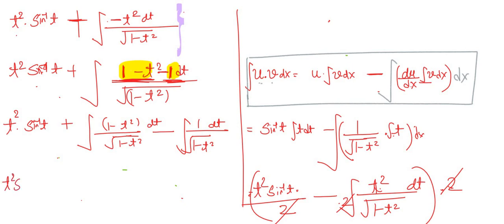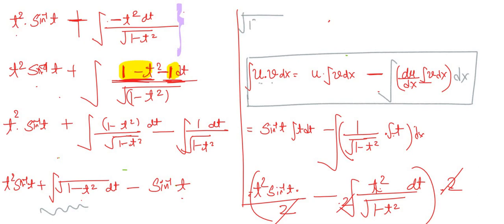So this I will simply copy, sine inverse t plus, what is this? Integration of root of 1 minus t square dt minus, what is the integration of this? This is a standard formula. This is nothing but sine inverse of t.